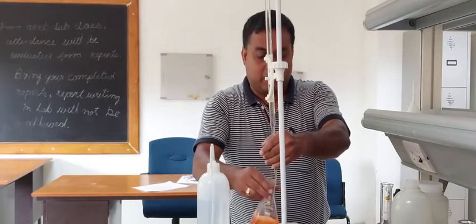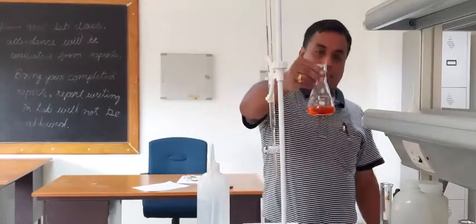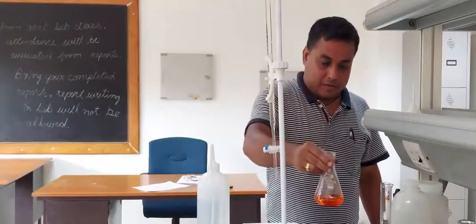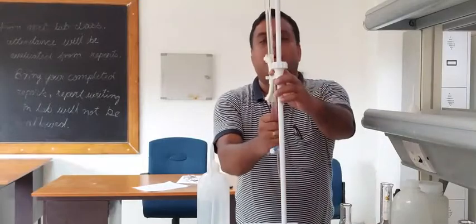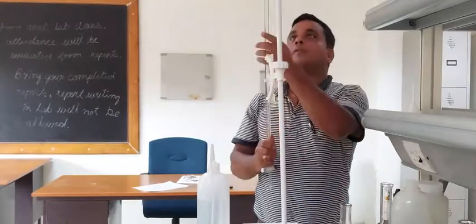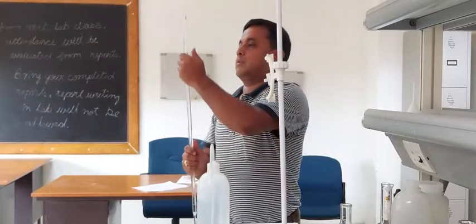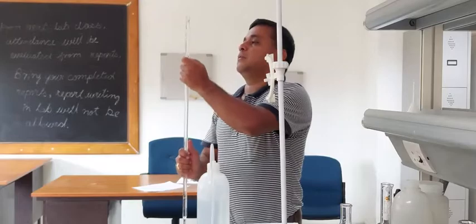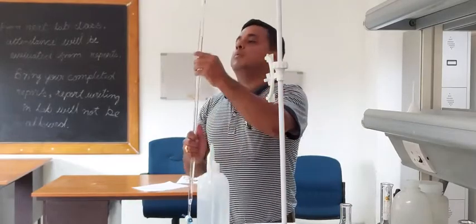It is now red, reddish color, from orange to reddish. So this is the end point of the titration. I will note down the reading. It is 4.1. The current reading for the river water is 4.1.